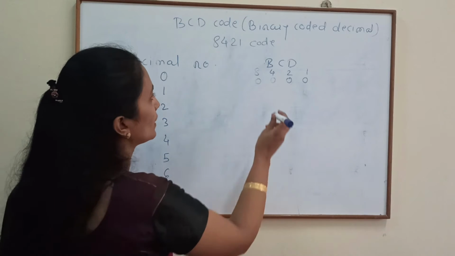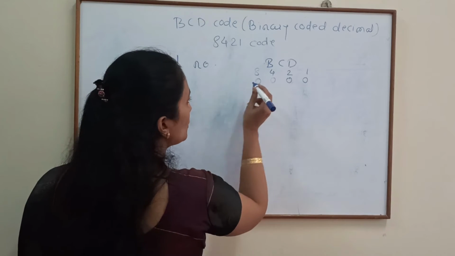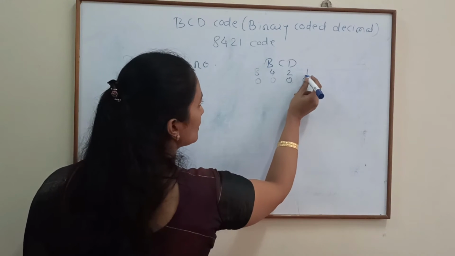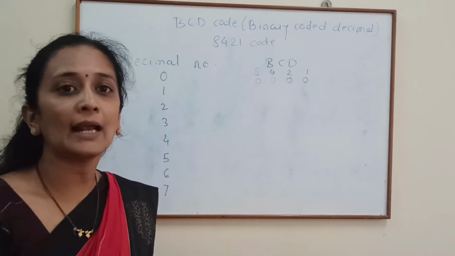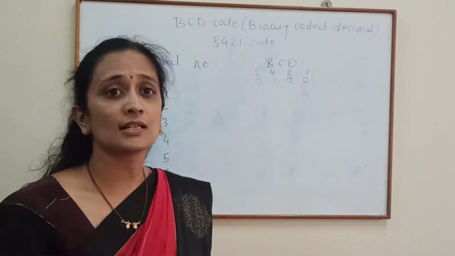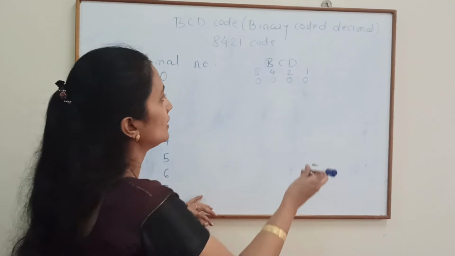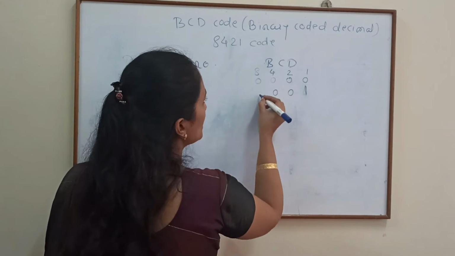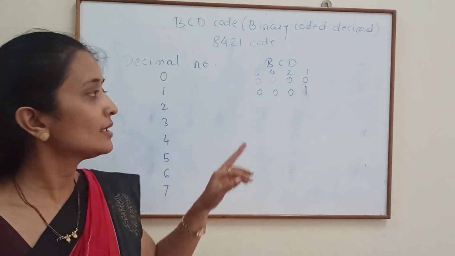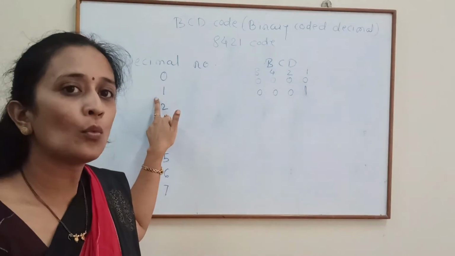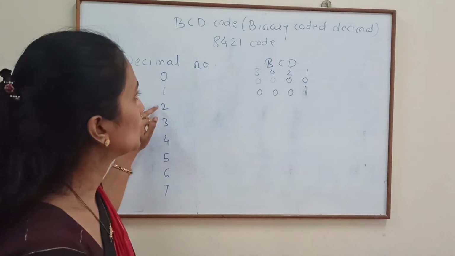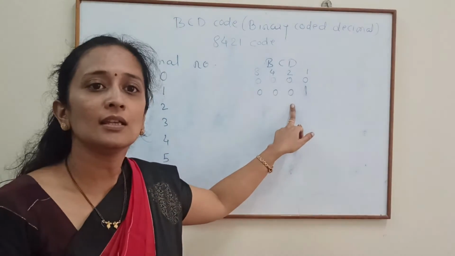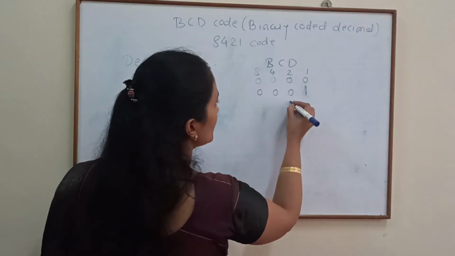Number 1. If I want to represent number 1 here, I don't have to add anything in this last digit. One number is there. Therefore write here number 1 and remaining will be 0. This is BCD of number 1. Take number 2. I don't have to add anything in this digit. It is already there.